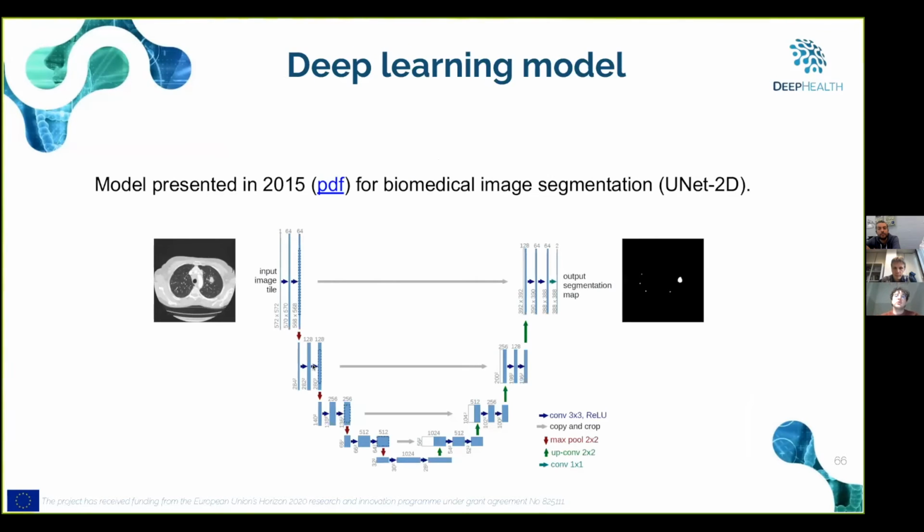So when we pre-process the input, converting raw pixels into Hounsfield units and applying windowing on them, we can feed the inputs to a neural network model. In this case, we can see a typical UNet model, which is one of the most employed networks for biomedical image segmentation.